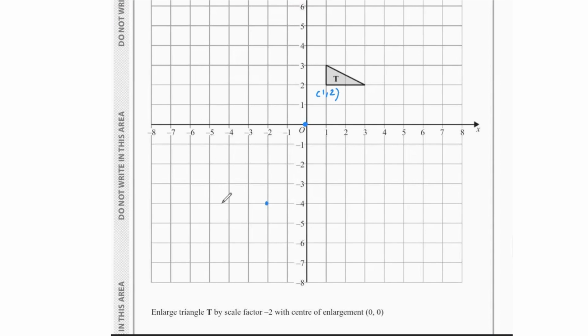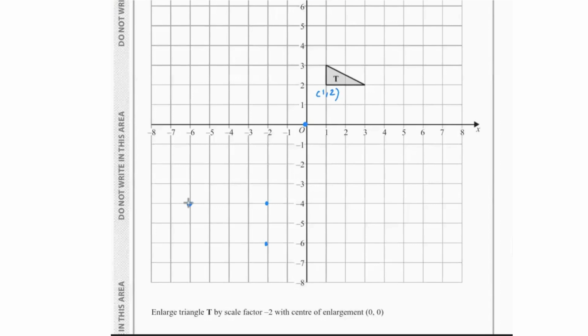This is where this point is. And this one will be 3 and 2, so that's going to be 6 and 4. So this is where it's going to come, because 6 units horizontally and 4 vertically.